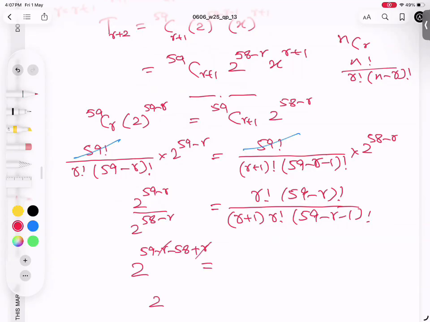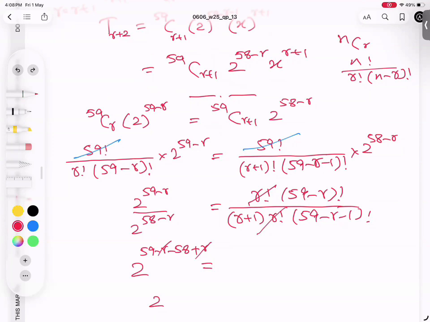Now I want to do the right side. And I said before, this r factorial will cancel out. Now, important part, which is bigger, 59 minus r or 59 minus r minus 1? Here, students, we can write it in a special form, and then we can cancel easily.